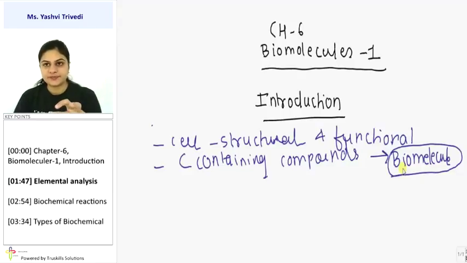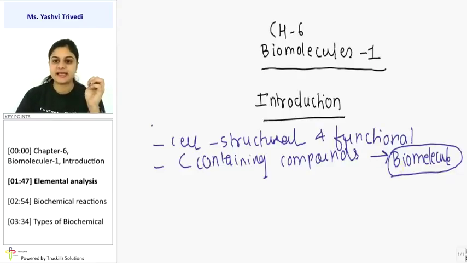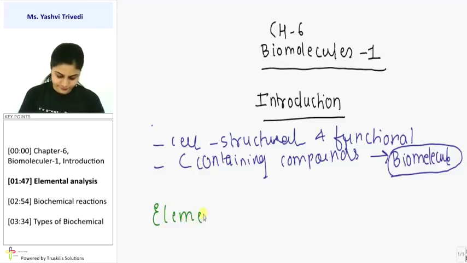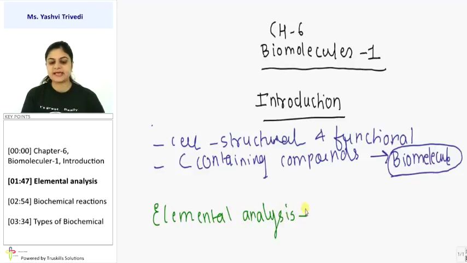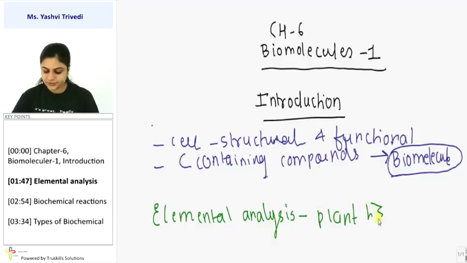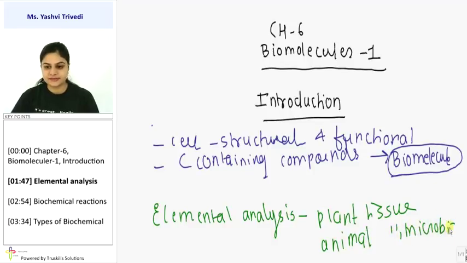Now, there is a test called elemental analysis. If we undergo the test of elemental analysis, first of all you have to select a particular part. It can be plant tissue, animal tissue, or even a microbial paste.